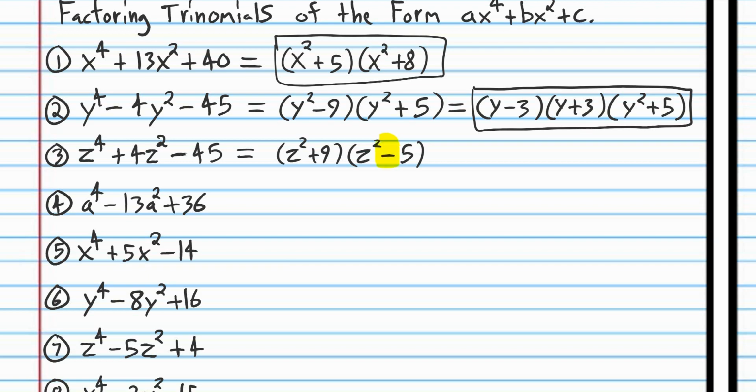So even though we have a difference here, it can't really be factored because this is not what's called a perfect square. Perfect squares are 1, 4, 9, 25, 36, 16, and so on. And here we have z squared plus 9, but it's not the difference of two squares, so we cannot factor this expression unless we use square roots, which we haven't learned yet, so you don't have to worry about that.